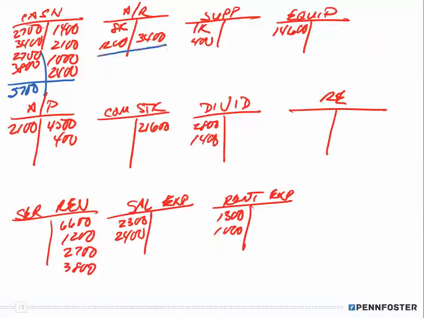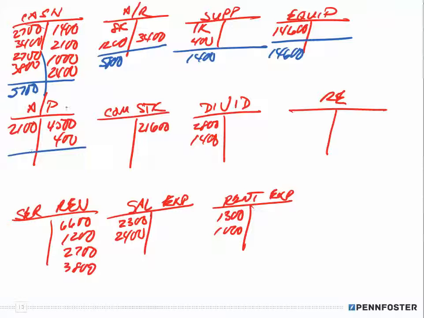All right, so let's do accounts receivable just as an example. I have 8,000 and I have 1,200, so I have 9,200 on the debit side and 3,400 on the credit side. The difference between those two is 5,800, and that's a debit because my debits are bigger, right? For supplies, I have 1,400. For equipment, I have 14,600.